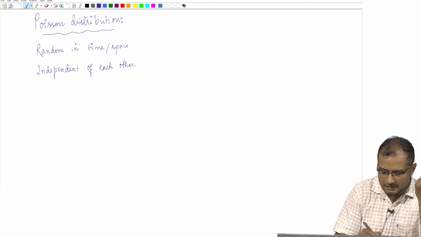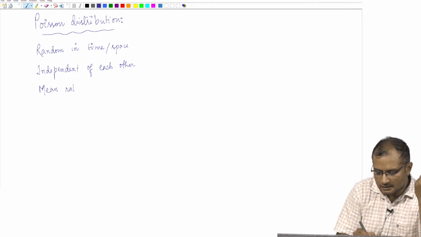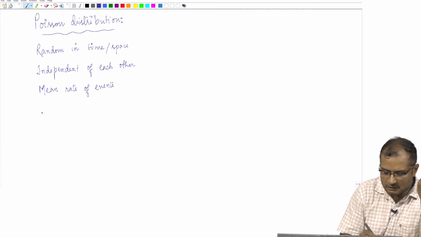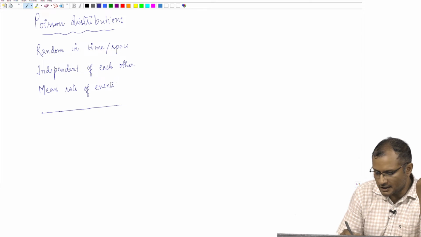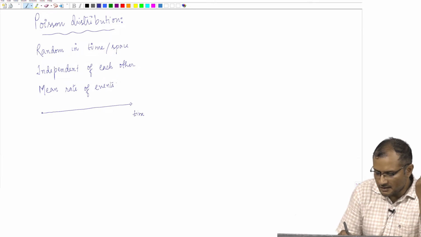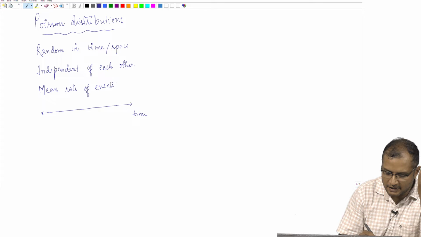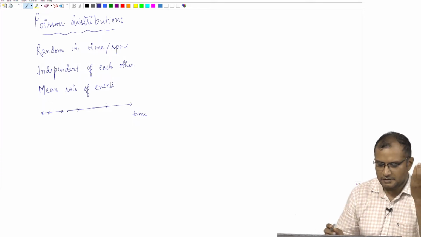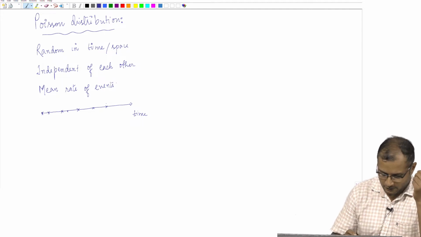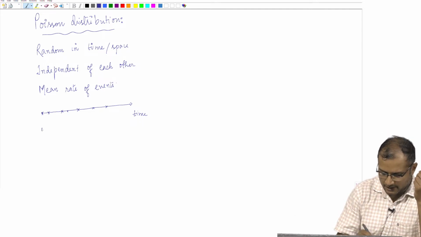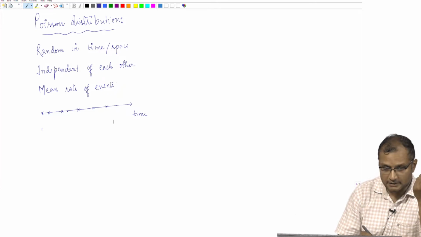Under such a setting, the only thing known to us is basically the mean rate of events. If you start your window of observation on the time axis, you may see processes happening very randomly. When the processes are random, all you can reliably comment on is the mean rate.